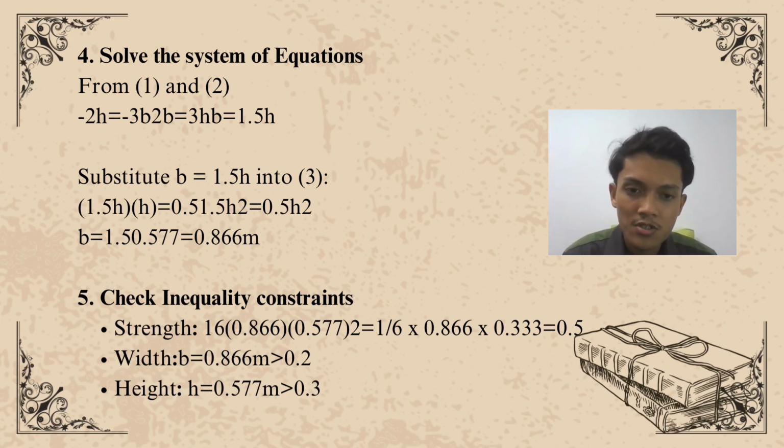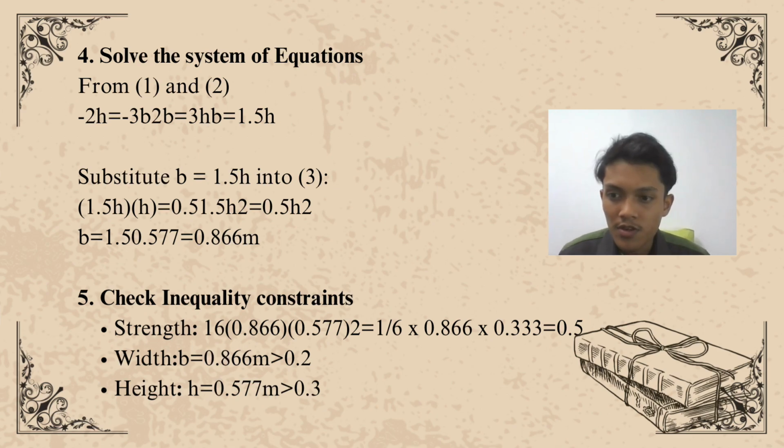For the strength, we get 0.5, and the base is 0.866 meter, which is greater than 0.2. The height is 0.577 meter, greater than 0.3.